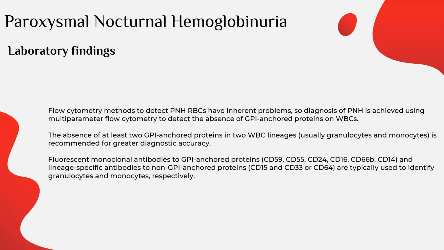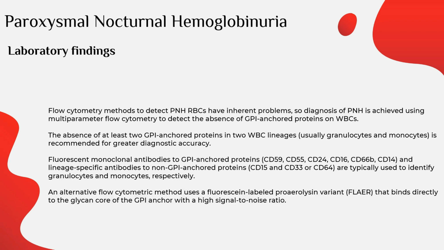Fluorescent monoclonal antibodies to GPI-anchored proteins, CD59, CD55, CD24, CD16, CD66b, CD14, and lineage-specific antibodies to non-GPI-anchored proteins, CD15 and CD33 or CD64, are typically used to identify granulocytes and monocytes, respectively.